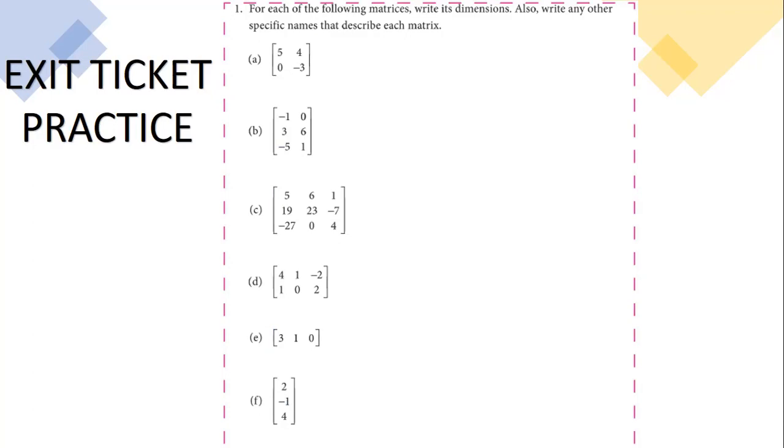But you're going to write the dimensions and then identify any special characteristics. Remember, RC Cola.